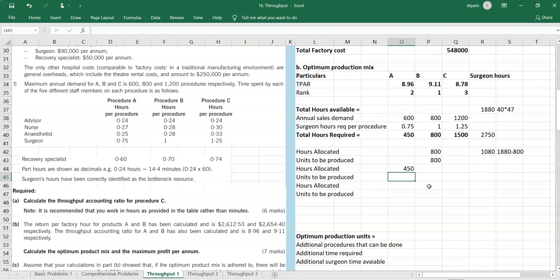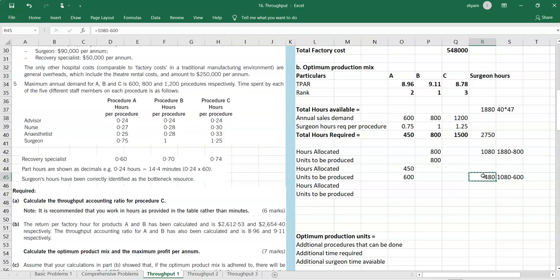We can give 450 hours, and we can sell all the 600 units. How many hours will be left now? It will be 1080 minus 600. So still we have 480 hours.